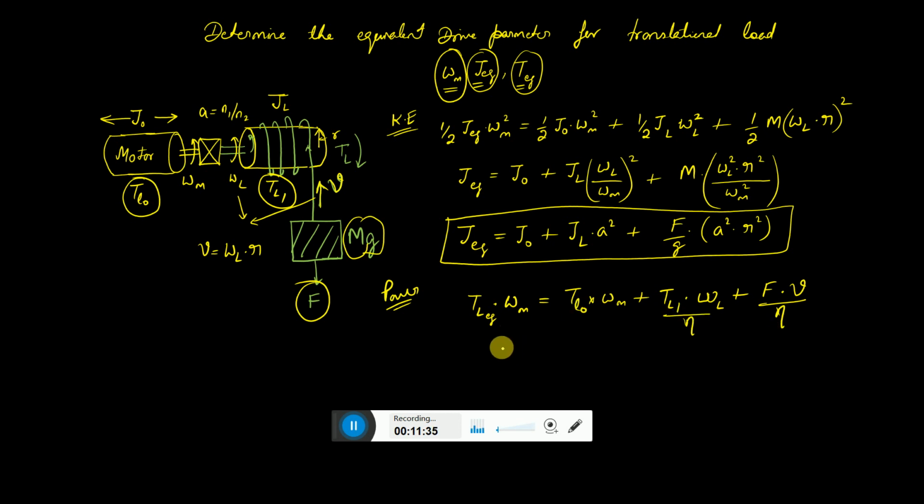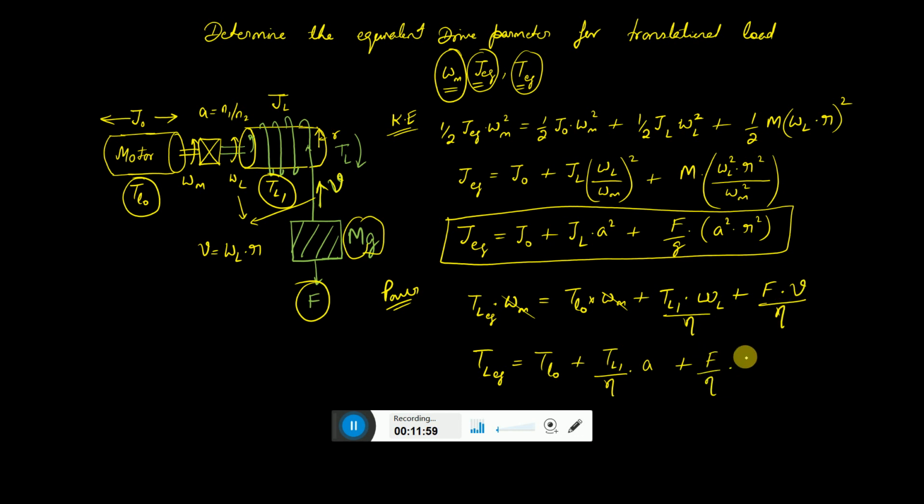So we can write in one line TL equivalent is equal to omega M, and this cancels, and it will come here at the bottom: TL0 plus TL1 by eta, omega L by omega M is A, plus F by eta.